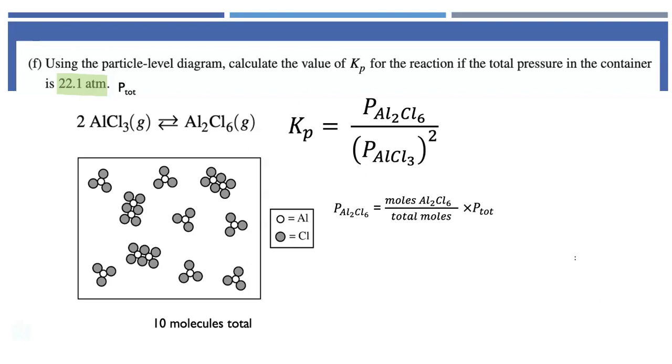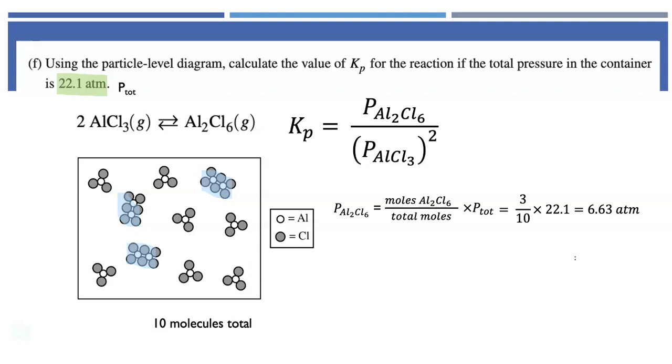Like I mentioned, there are 10 molecules total. When you get these particle level diagrams, count particles. It's always really helpful. When I look at the Al2Cl6, there are 3 of them out of the 10 total. So that means 0.3 times 22.1 is going to give me the partial pressure due to the Al2Cl6, which works out to be 6.63 atmospheres.